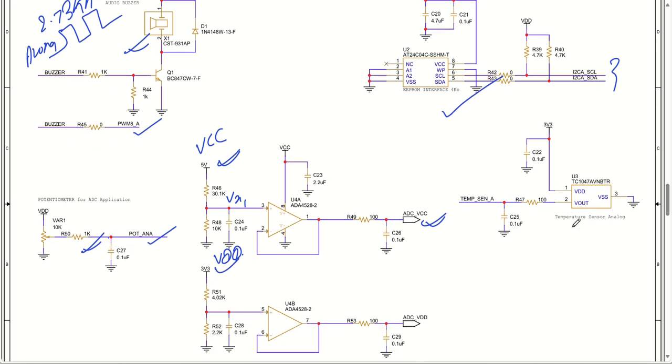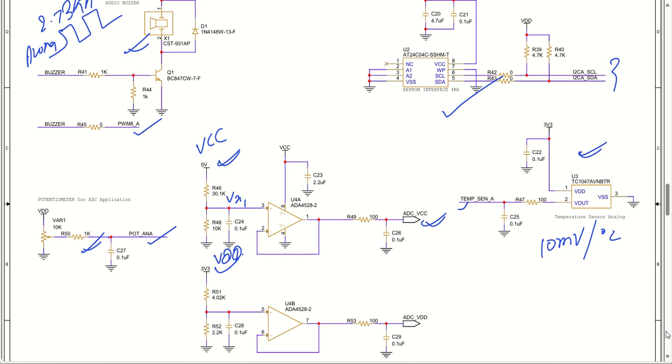And as I was telling you, a very simple temperature sensor IC has been used for temperature measurement, and it gives you a 10 millivolt increment for each degree centigrade rise in temperature of your board or environment. After filtering, we are sending it to the ADC pin of the microcontroller.